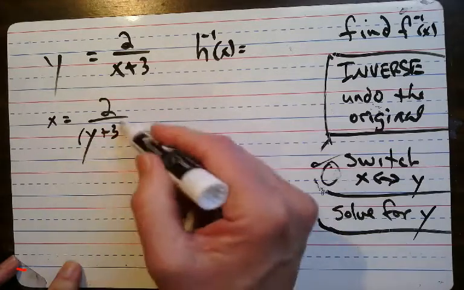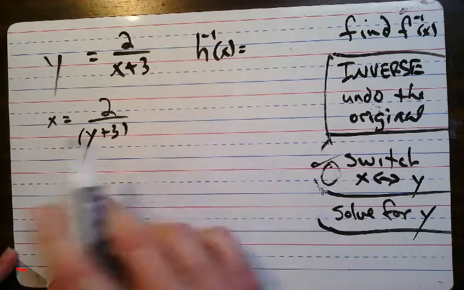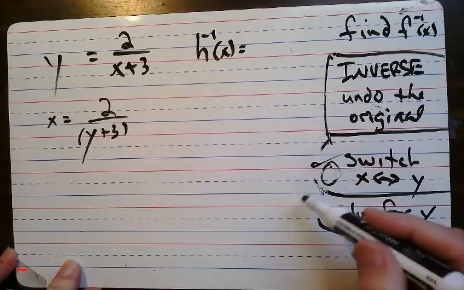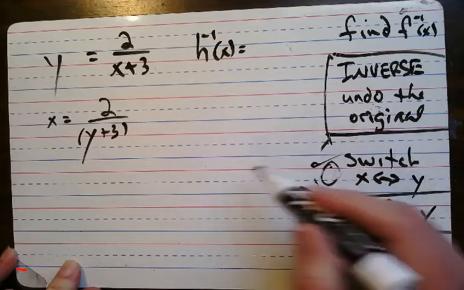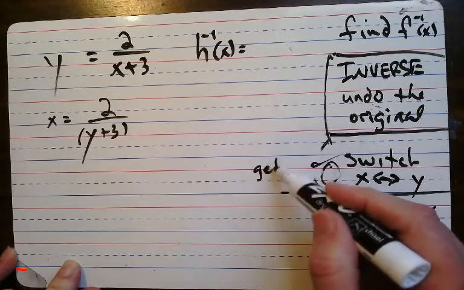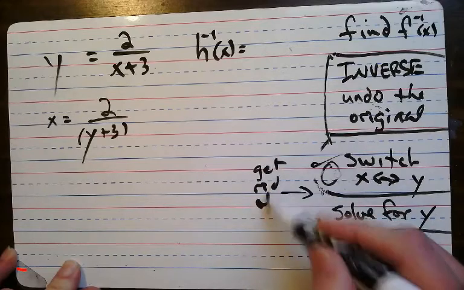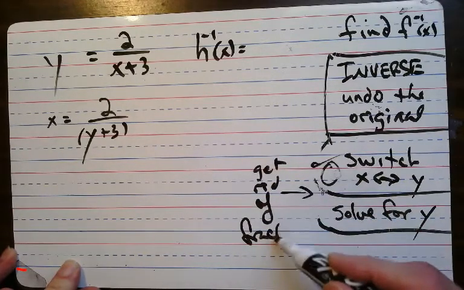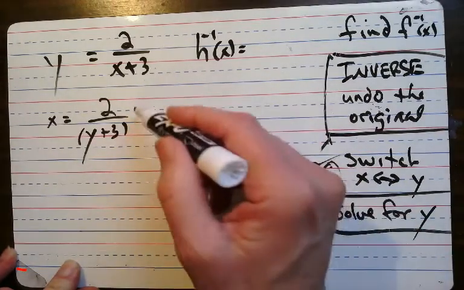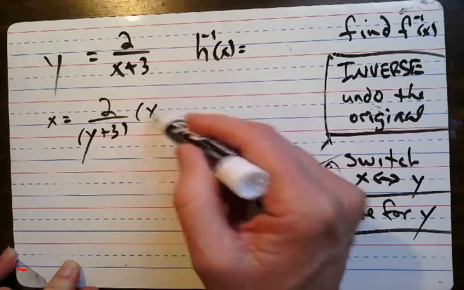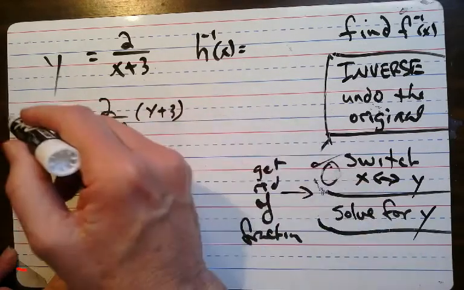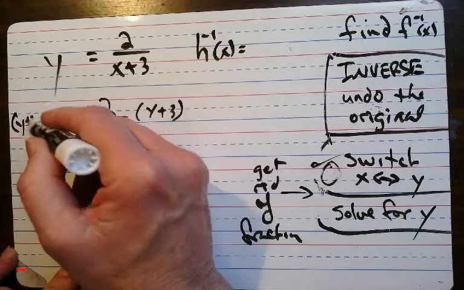Well, remember, this is a fraction. And we have to get rid of the fraction. So right in here, we're going to insert a step. Get rid of the fraction. Remember how to do that? Math magic. You have to multiply by whatever the denominator is.